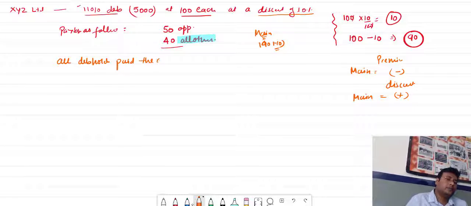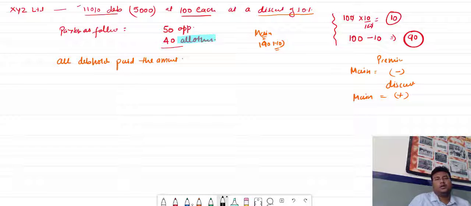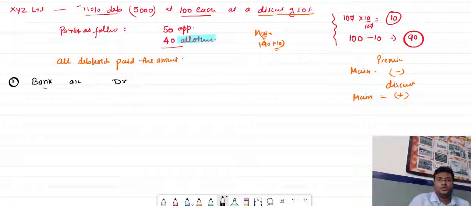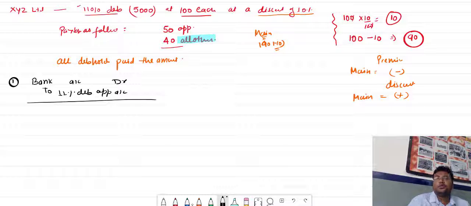Now it is said that all debenture holders paid the amount. So bacha, first we have to pass the entry for application. It will be bank account debit to 11% debenture application account.